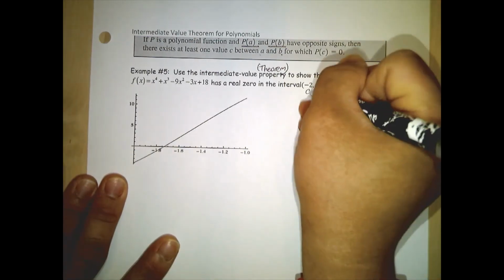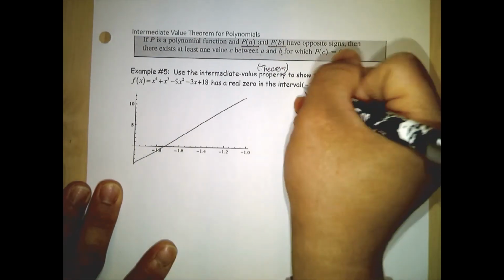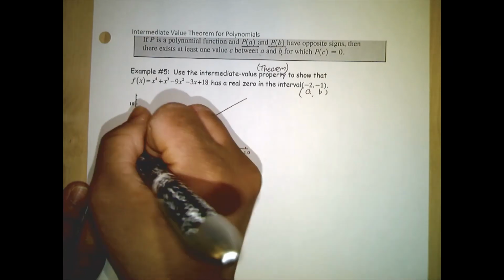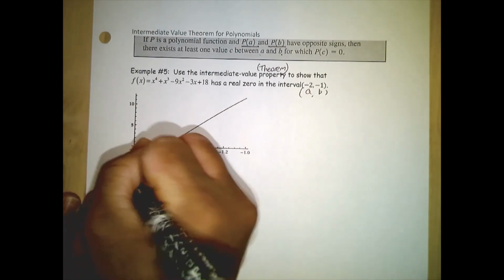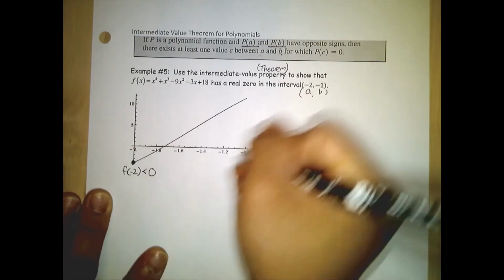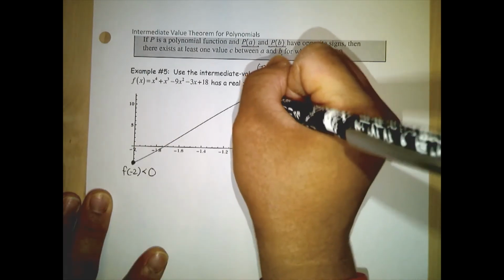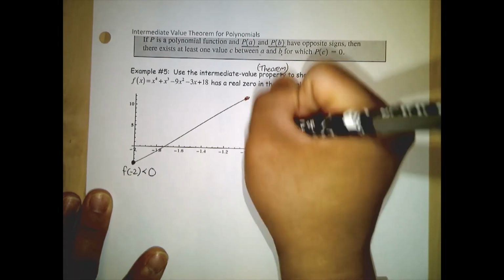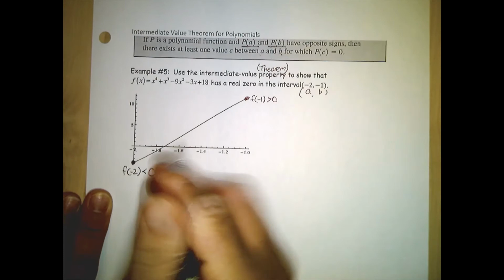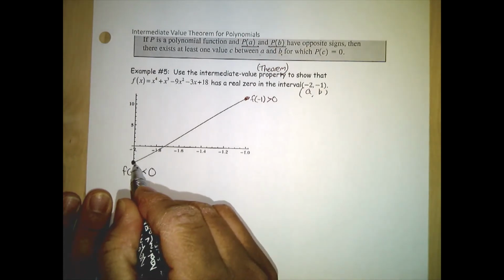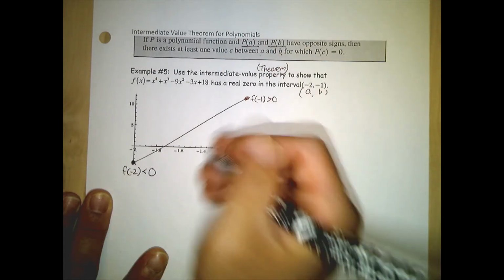Well, this is A and that's B, so here's -2. All right, so f of -2 was less than 0, and here is -1. So f of -1 is greater than 0. So this number is less than 0, and this number is greater than 0.